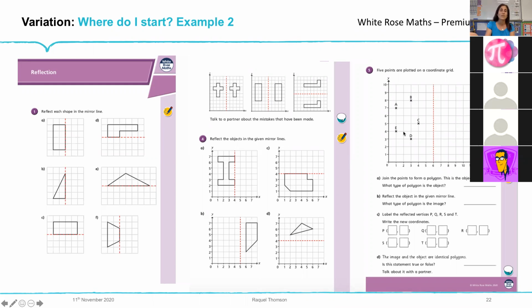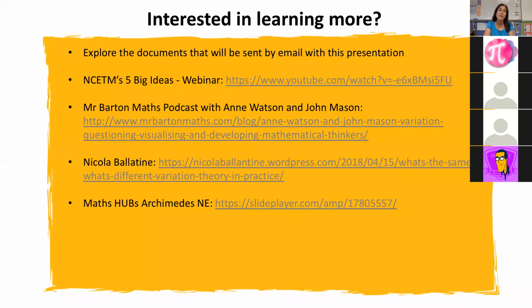Now, these are just 2 tiny examples of what's out there. If you want to find out more about variation, I definitely suggest exploring the documents that I will send with the email tomorrow, once I have the video of this webinar. Also, the NCTM's 5 big ideas.